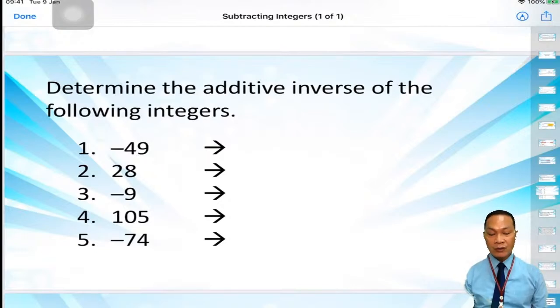Number 2, the additive inverse of 28. Number 1, okay, I saw already the answer.